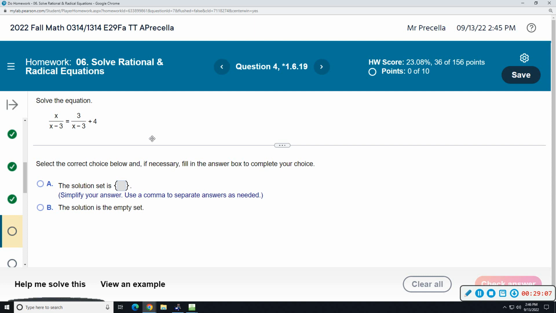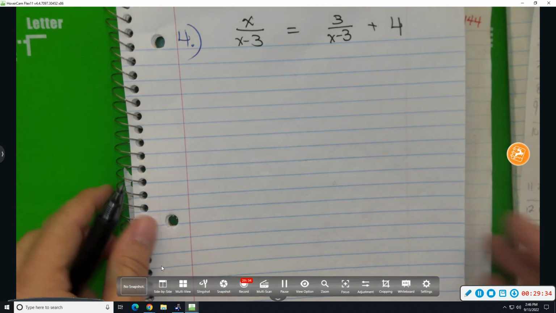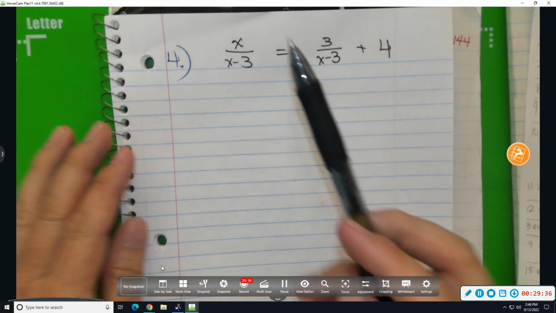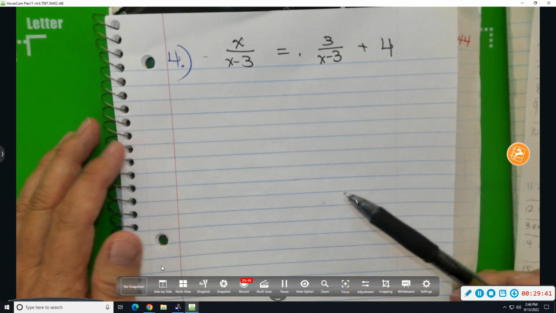The number 4: x over x minus 3. Notice once again how I left all the space between the terms because I know I'm going to be multiplying by something.